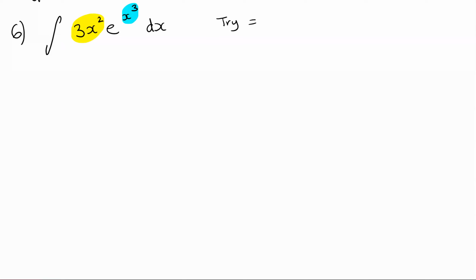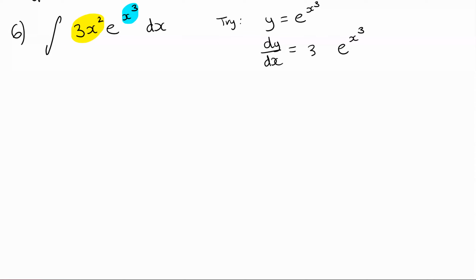So what I should try is, sorry, it should be y equals... try. So if I try y equals e to the power of x cubed, when I differentiate that, as we talked about previously, we differentiate exponentials, we multiply by the derivative of the power.